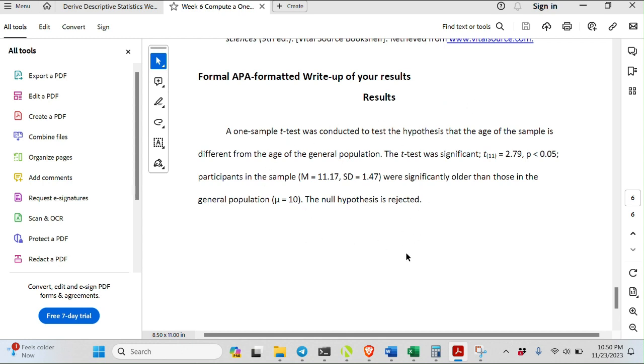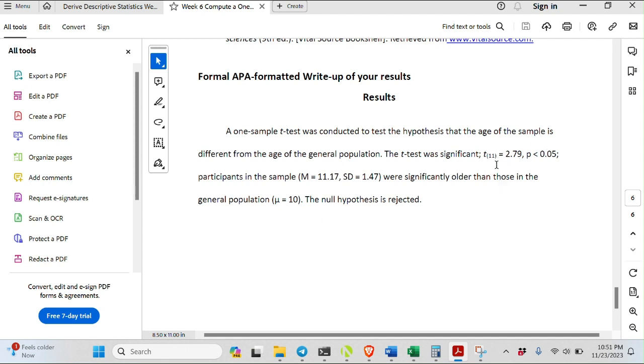Basically, you conducted the one sample t-test to test the hypothesis that the age of your sample is different from the age of the general population, which is 21. Even though it doesn't mention that here, it'd be helpful to mention that. Then you report the results of your t-test. Don't use these numbers, use your numbers.